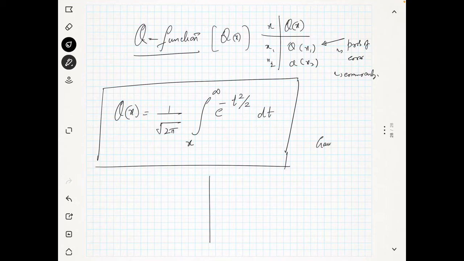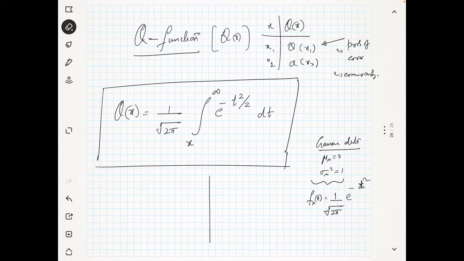You know that a Gaussian distribution, if mean is equal to 0 and sigma x square is equal to 1, has the form 1 by root 2 pi into e power minus x square by 2, right? So this is nothing but the Gaussian distribution.